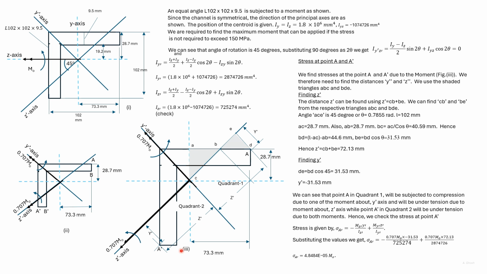So we find out the stress at A dash since it will have higher stress. At A dash, Z dash is positive and Y dash is negative. Since here we have the Z dash axis 90 degrees counterclockwise to the Y dash axis, we use this formula. Substituting appropriate values, we get sigma A dash in terms of M0.